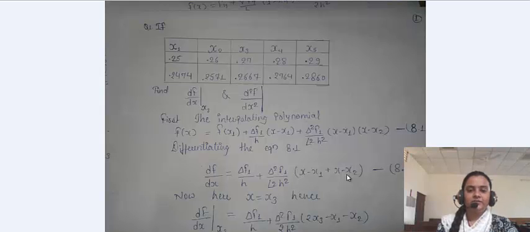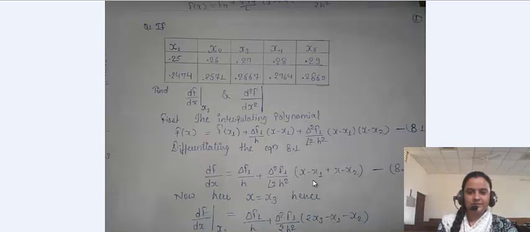So to find the differentiation of this function f of x at any point, whether it is x1, x2, x3, we will just replace x with x1 or x2 or x3 corresponding to the point at which we have to find it. So here, since we have to find df by dx at x3, we will replace x with x3.